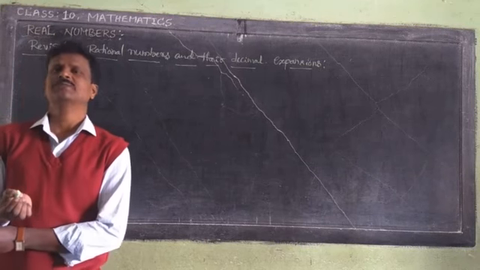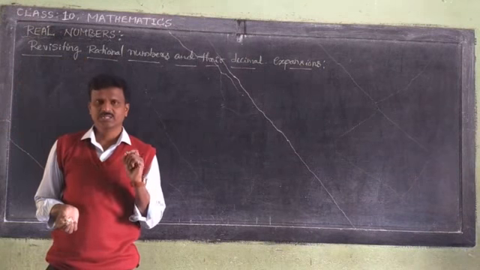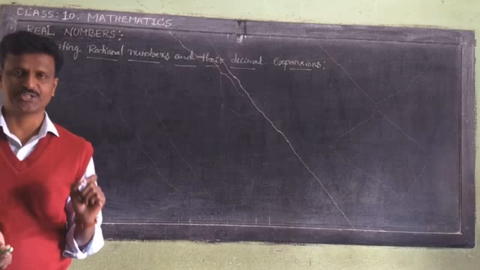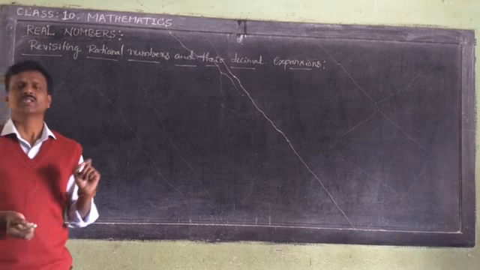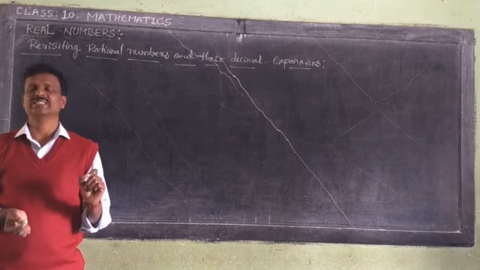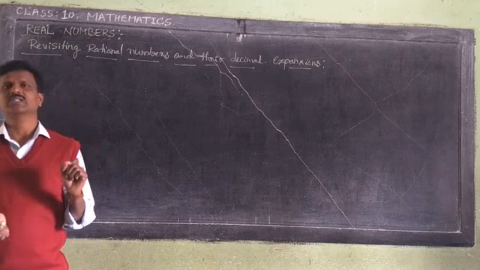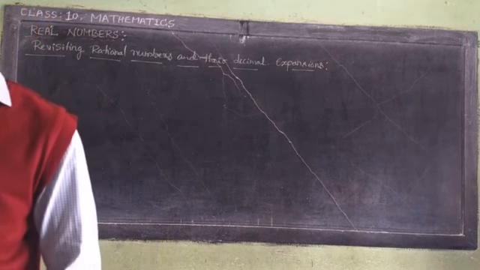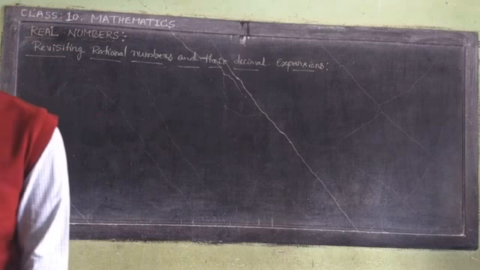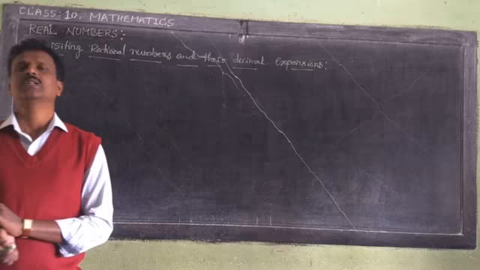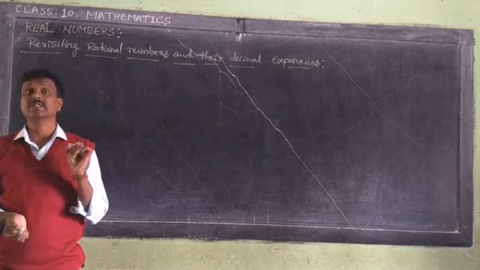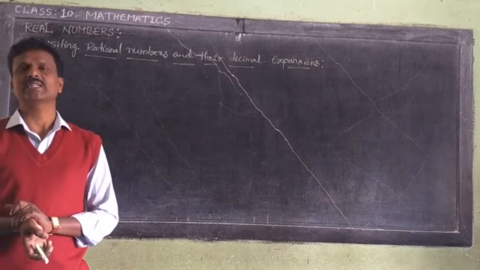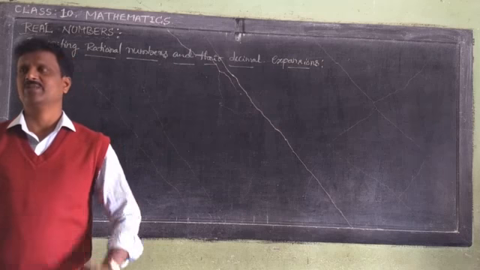And also one more thing, a rational number has a terminating decimal expansion or a non-terminating recurring or repeating decimal expansion.